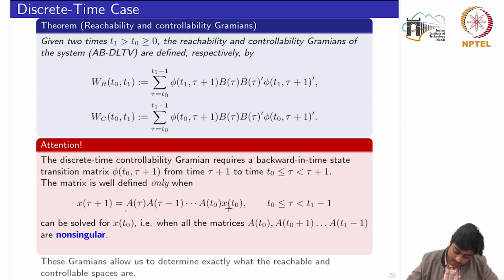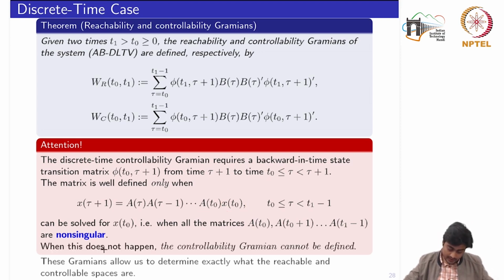Now the controllable subspace is basically all the points starting from where I can reach the origin. If I want to compute this point x(t0), I need to pre-multiply both sides by the inverse of these matrices. So for the solution, all these matrices should be non-singular. When this does not happen, the controllability Gramian cannot be defined.